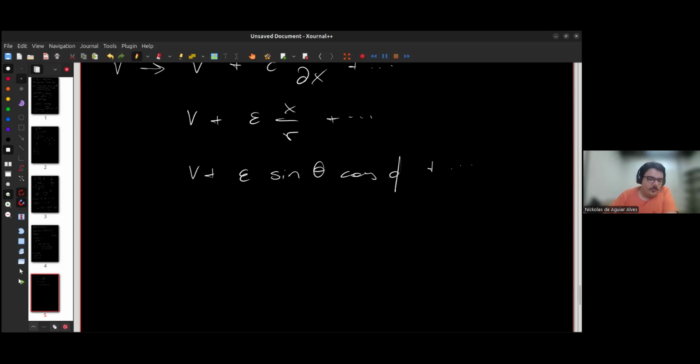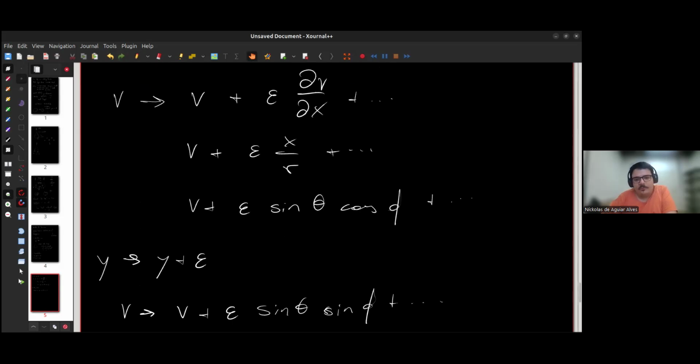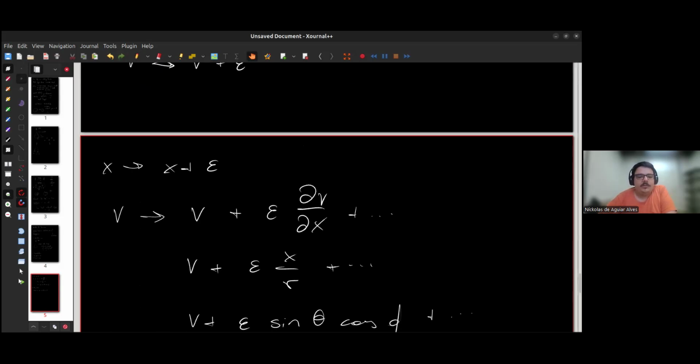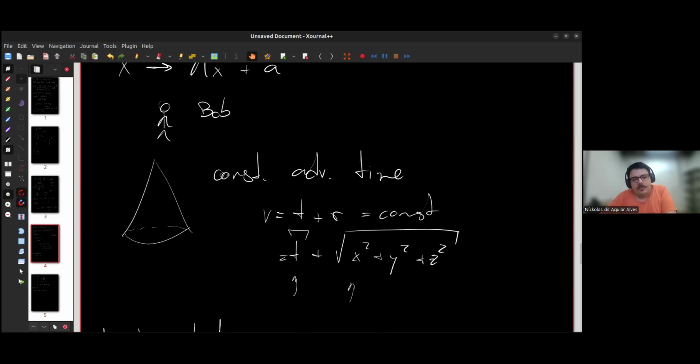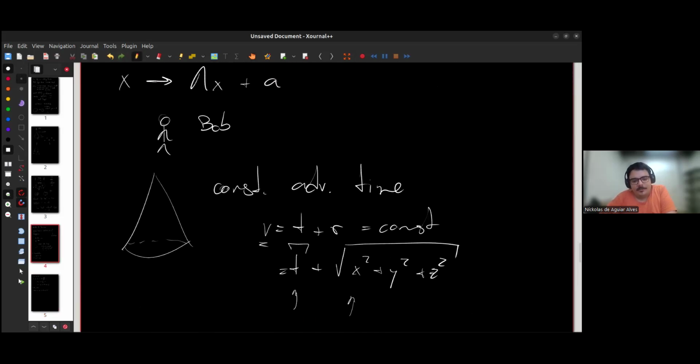If I just wanted to do this for different directions, I could do, for example, y goes to y plus epsilon, and this would give me something like v goes to epsilon, sine theta, sine phi, etc. These transformations also, we're not going to change the coordinates that I have at infinity, so they are shifting my retarded time.